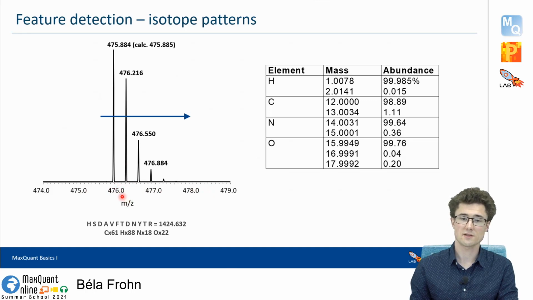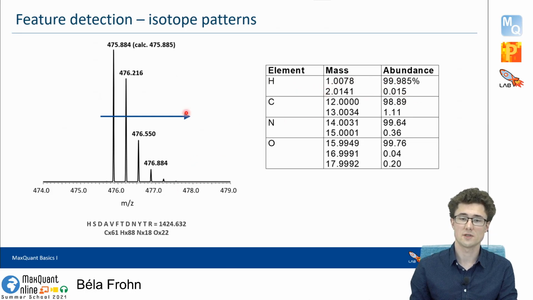For every mass and every charge there is one peak, but the same peptide, after the protein was cut into pieces, can have multiple peaks, because inside one peptide there can be different isotopes. In nature these atoms can sometimes, with a low chance, have a slightly higher mass.